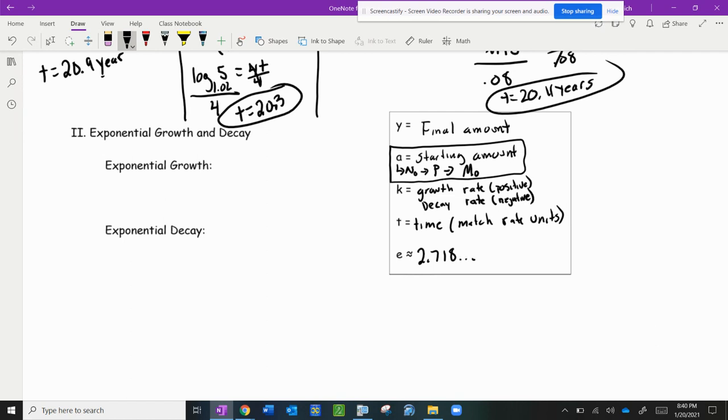Okay, so exponential growth, you can see it as y is equal to a e to the kt.